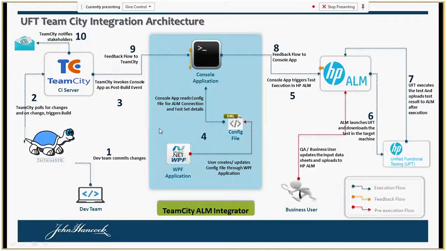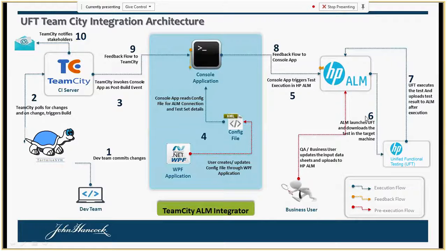For the live pricing project, once after check-in, there is an integrator which was created by the QA team, which bridges between TeamCity and the HPALM, and it triggers the automation suite.